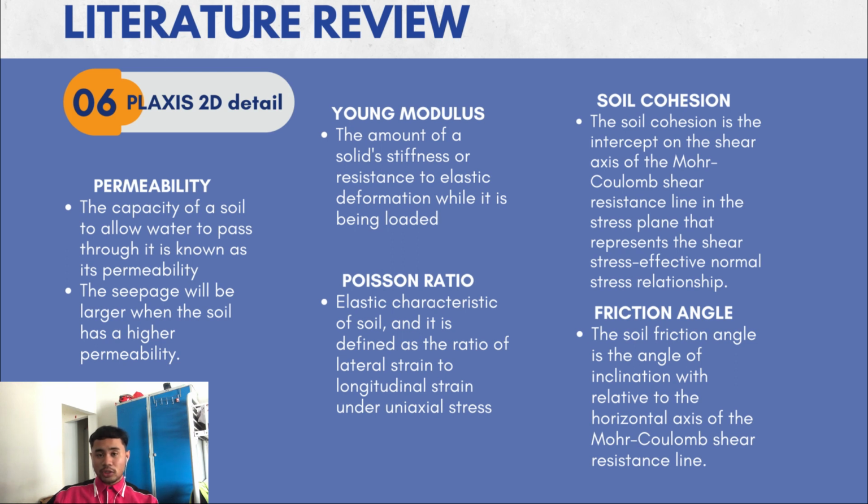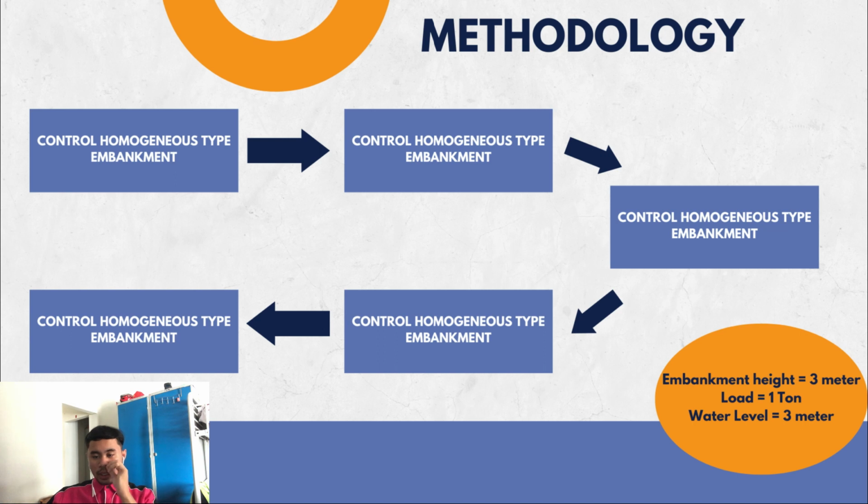Effective cohesion is an essential shear strength parameter that must be determined in order to assess slope stability. And lastly, for Plaxis 2D detail, is friction angle. The soil friction angle is the angle of inclination relative to the horizontal axis of the Mohr-Coulomb shear resistance lines.